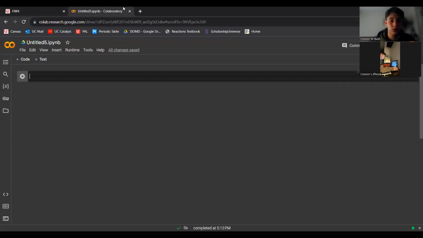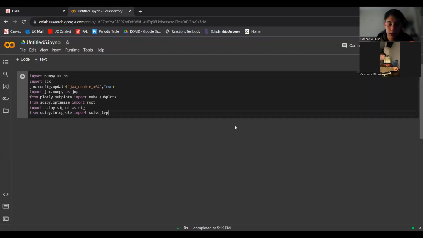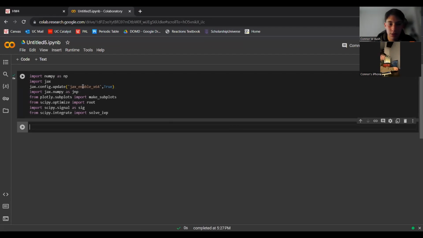So we're going to go into Colaboratory and paste in the libraries that we'll be needing for this part, and I'll explain them as we go. We are given a bunch of information and we want to initialize all of that first. So we can start with our alpha, which is equal to 2.